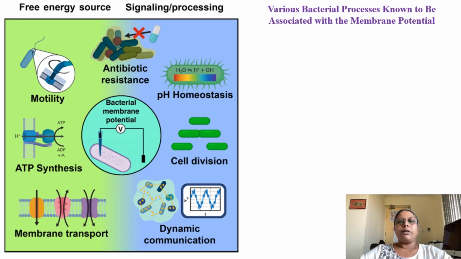Delocalization or disruption of this proton motive force leads to inhibition of cell division, and this can easily be studied by using native proton force. Lastly but not the least, the bacterial membrane potential can respond dynamically to the molecular and electrochemical signals, thus allowing for intracellular communication.